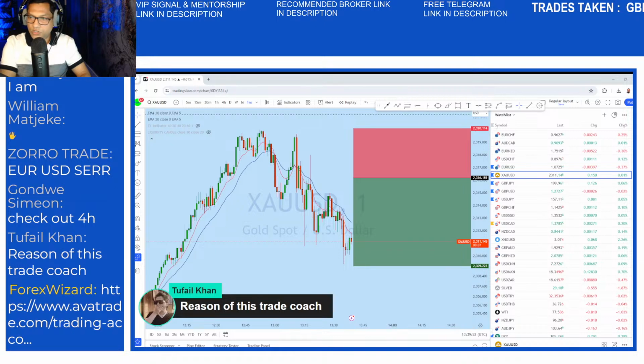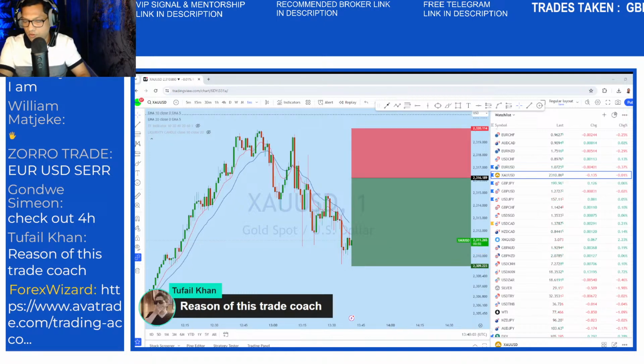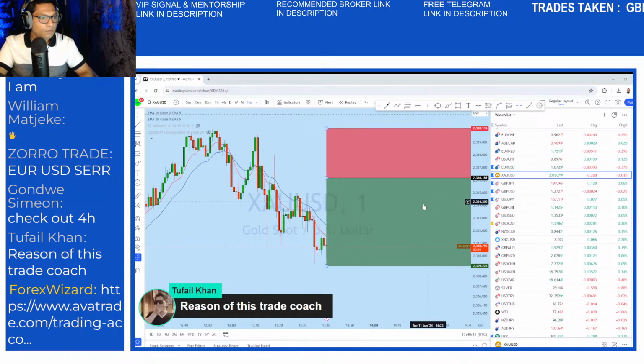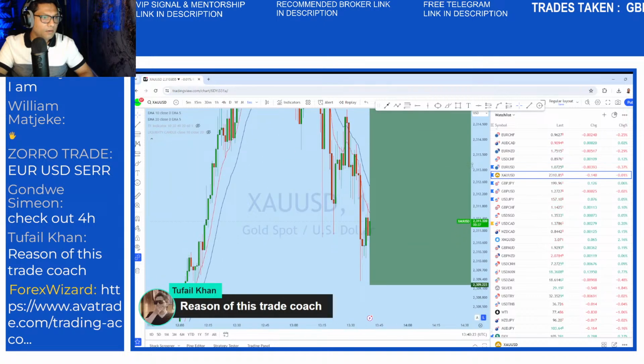On gold we secured a good profit of around 15 to 20 pips, so I consider it 15 pips. Pretty good day. Yesterday was also a good day. Gold almost came back from the edge.